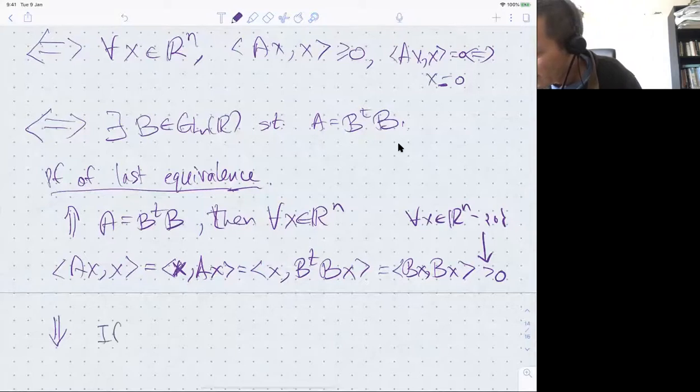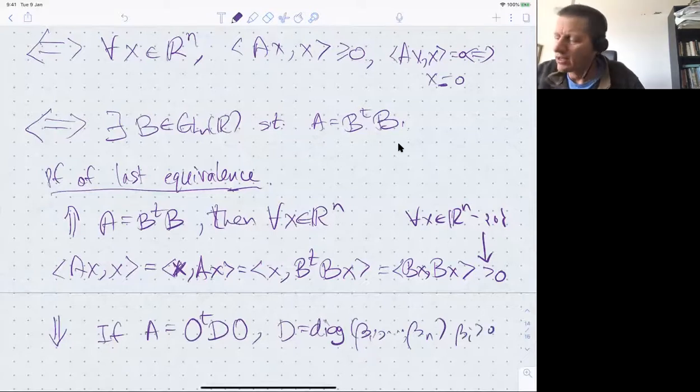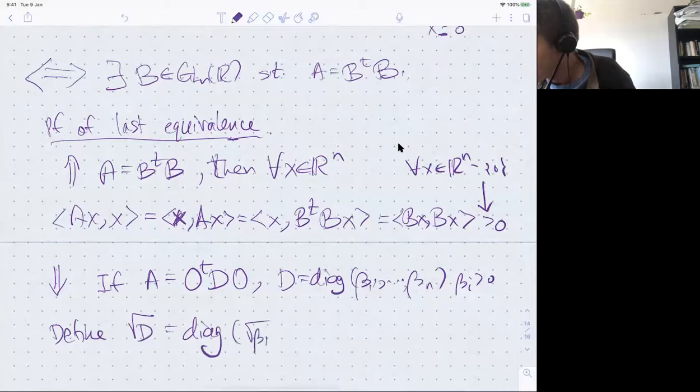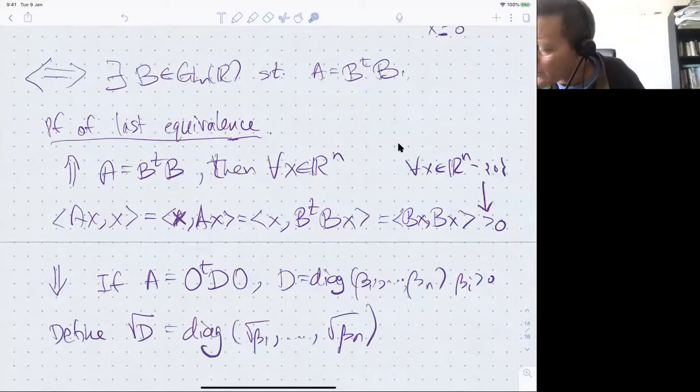So if A is O transpose D O, where D is a diagonal matrix with beta i's on the diagonal, then you define the square root of D to be the diagonal matrix whose diagonal entries are the square root of the elements on the diagonal of D. The reason this is called a square root is that if you take this matrix times itself, you get this matrix.